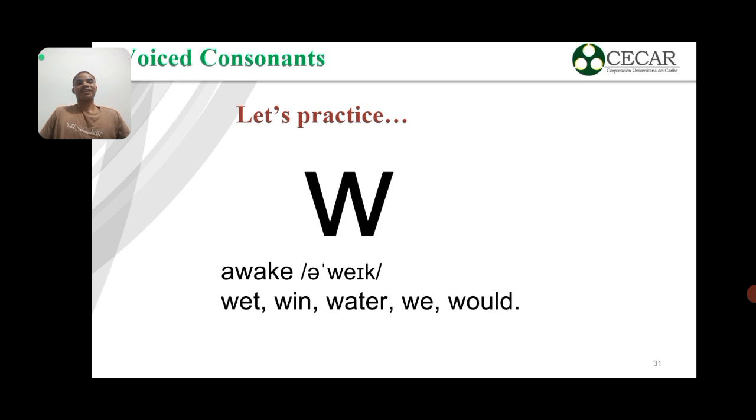This consonant is the letter W. It is pronounced like this: wa, wa, wa. Let's pronounce the next words. Awake, wet, wind, water, we, wood.